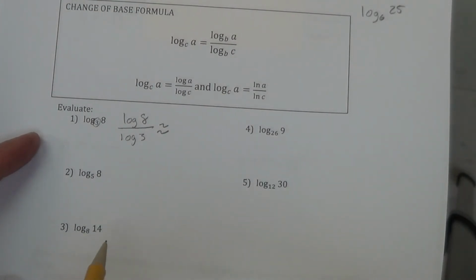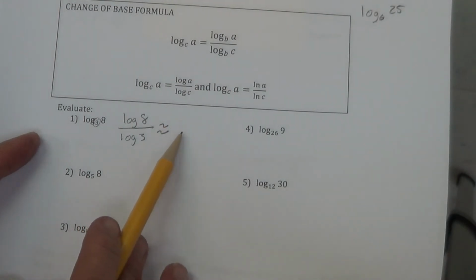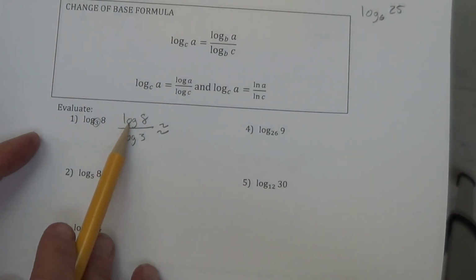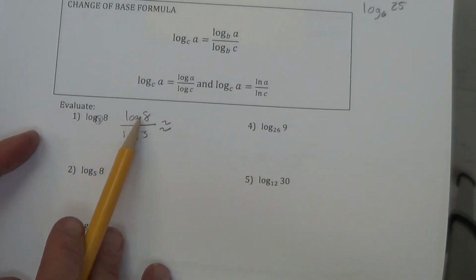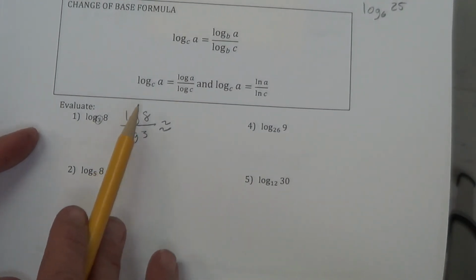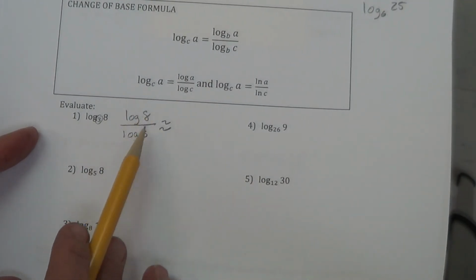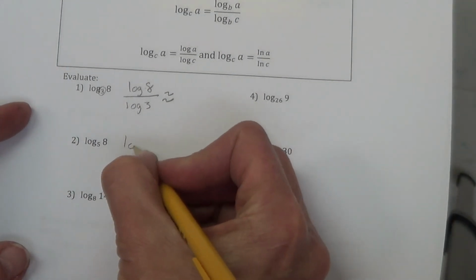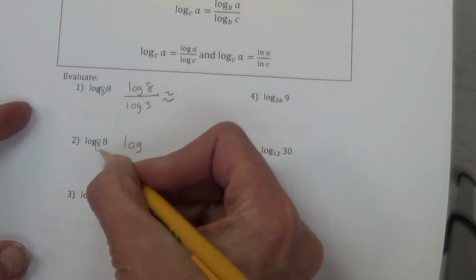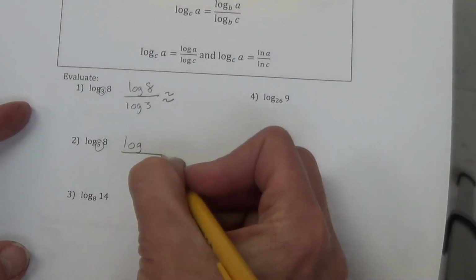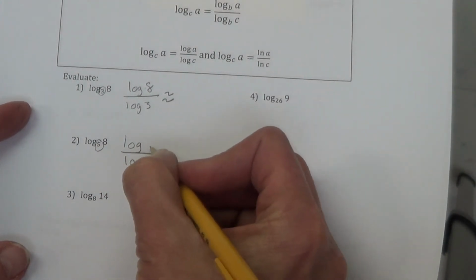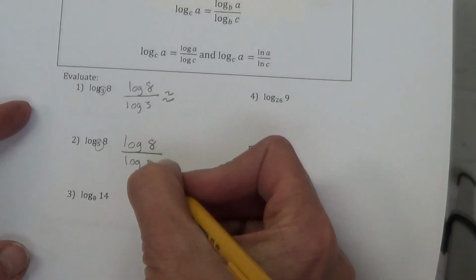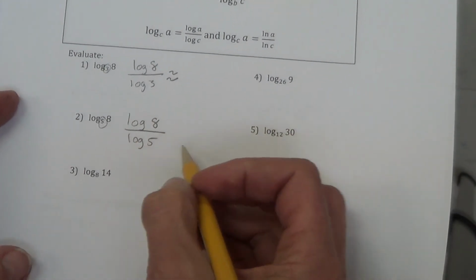Since I don't know if you have calculators at home or not, you can calculate these when you get to class. You'll really plug it in. See me if you don't see the log key on the calculator. You'll plug in log 8 and punch divided by log 3. Let's go ahead and write these down, what you'll be doing. So log, again the base or the bottom one goes to the bottom. Log 8 over log 5.